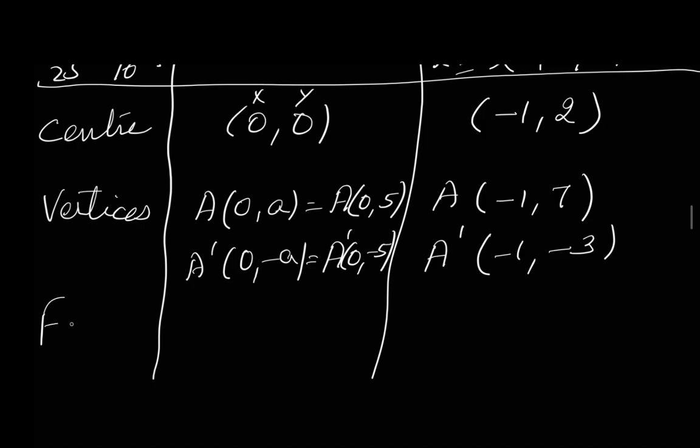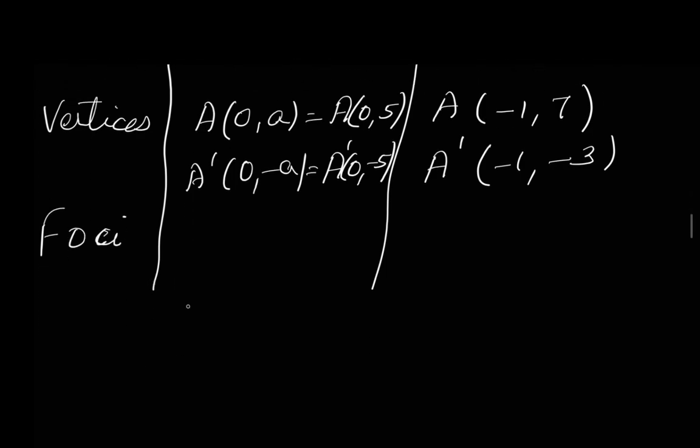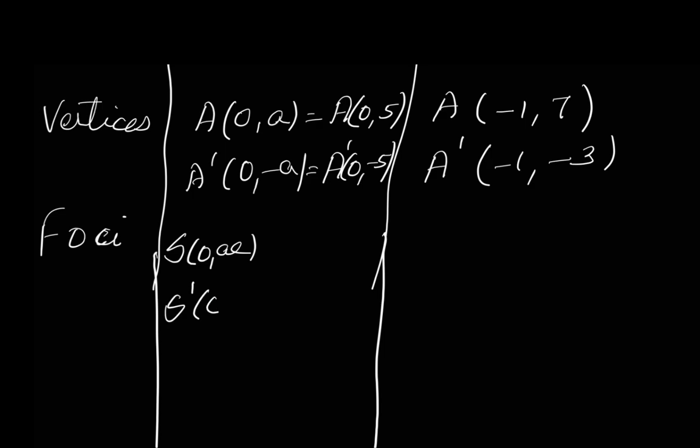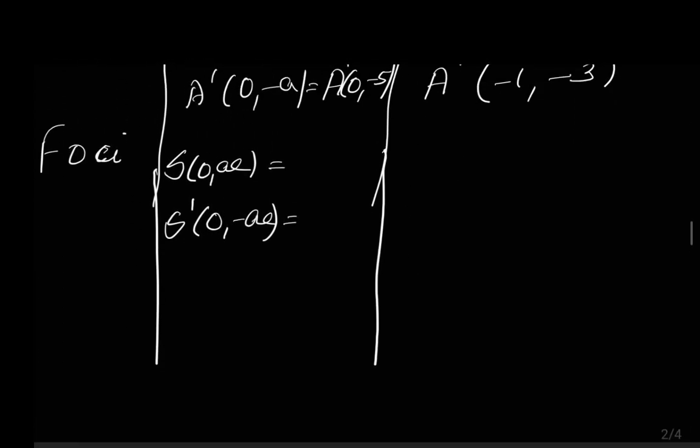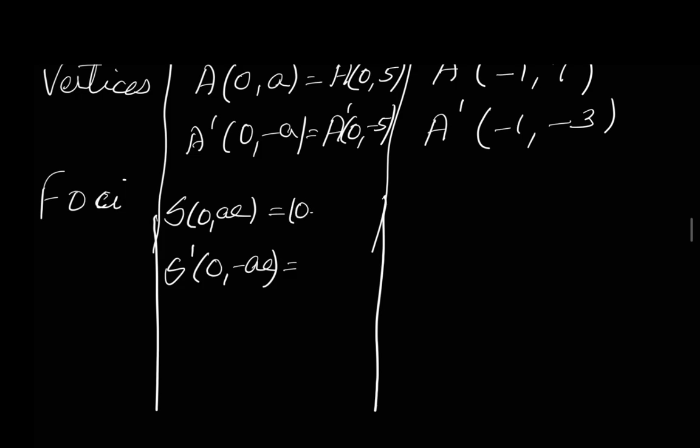And then foci. Two foci here. One is S, 0 comma AE, and S dash, 0 comma minus AE. We got the value of AE by calculation, root 41. So 0 comma root 41.